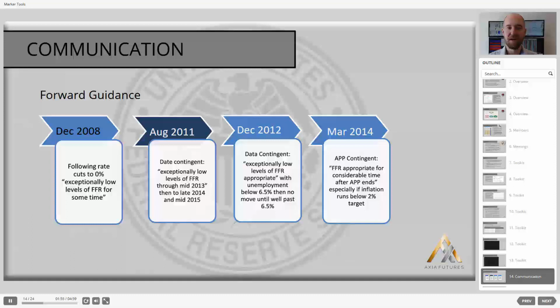However, they then started to change this, and rather than until the unemployment is below 6.5%, it became until unemployment is well past 6.5%. So that opens up ambiguity as to how low unemployment has got to fall before they're willing to raise rates.